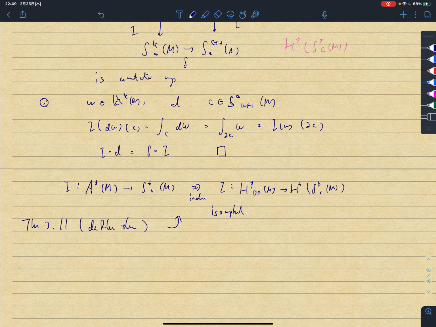To H star of the C infinity singular complex. As was remarked, the natural inclusion induces an isomorphism. Infinity is smooth. Therefore, smooth singular cohomology is naturally isomorphic to the singular cohomology H star M R. If we combine this fact and the above, we obtain a natural isomorphism.